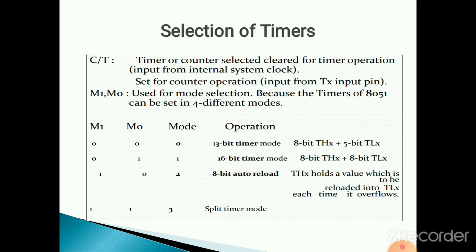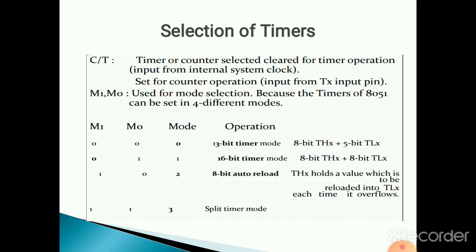First mode is M1 and M0 equal to 00. This is called mode 0, and its operation is 13-bit timer mode. Next is M1 equal to 0 and M0 equal to 1. This is mode 1, and its operation is 16-bit timer mode.